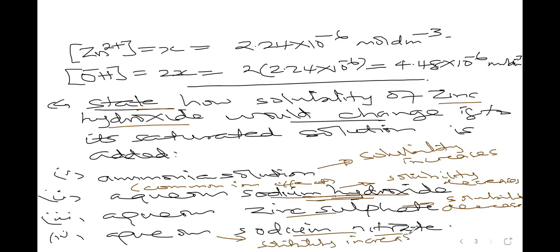Remember our previous factors. Since the question is telling us to state, we don't explain. I leave the explanations to you. You'll try in your free time to explain why each of these leads to the change we have seen in its solubility, as we saw in our previous lessons. Can I proceed?